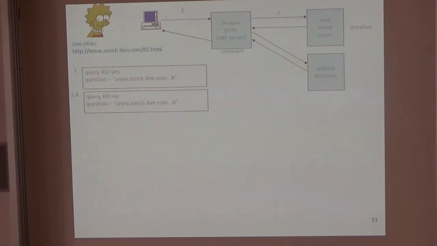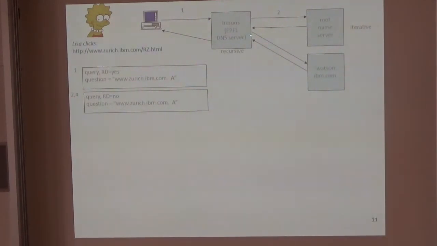There are 13 of them in the world. So if you really know nothing, you will go there and ask the .com server, can you help me with this? And you will send a question, which is here, with typically recursion not desired. Even if you say it's desired, you will not get it recursively, because this server is at the heart of the internet and will not do the job for you.